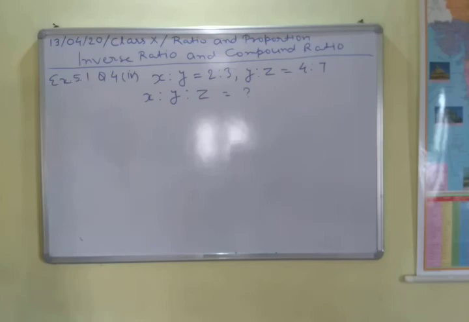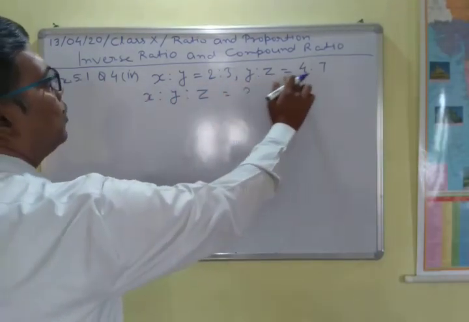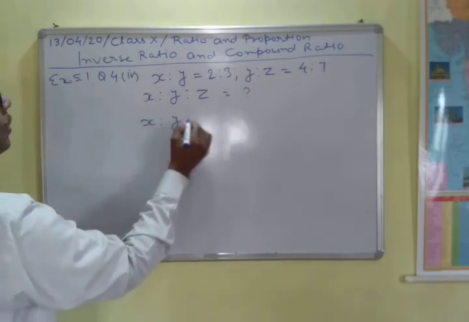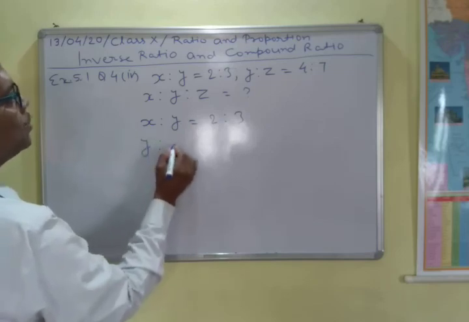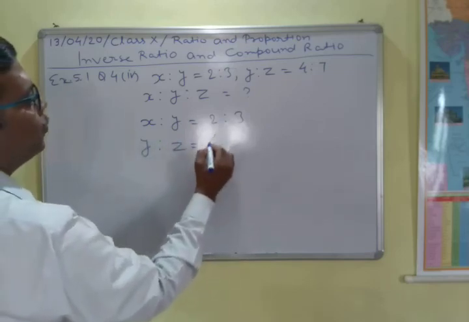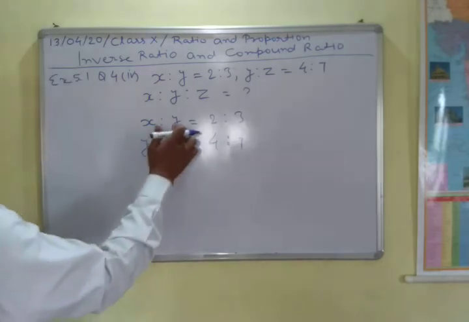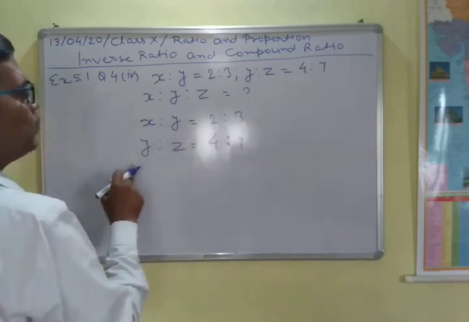In this, x is to y equal to 2:3 and y is to z equal to 4:7. Now see that this is y, and in place of y here it is 3, and for this y it is 4.